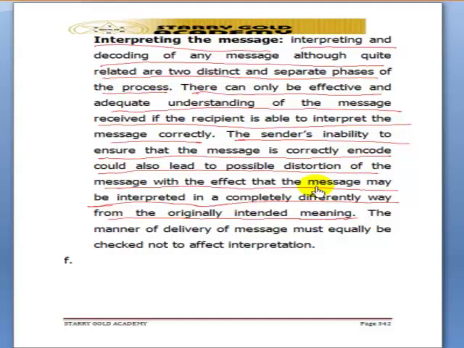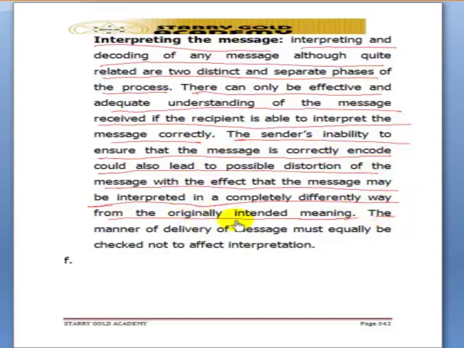That is why we say simplicity is the rule of the game, especially in language. You have to be simple in order to communicate efficiently.